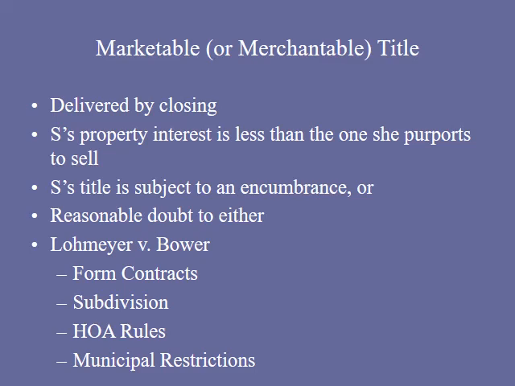Another common example that comes up as to the seller not being able to deliver all that's promised is if the seller is married. The spouse very well may have an interest in the property that cannot be transferred without consent, such as dower or homestead rights, or if the property is community property. This is true regardless of whether the spouse is named on the deed, as you might expect for marital property, especially if it's held as tenancy by the entirety.